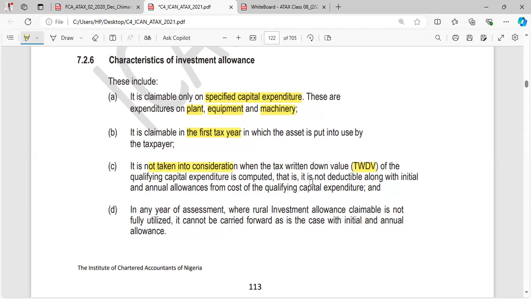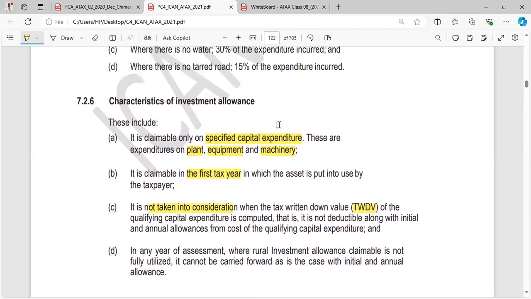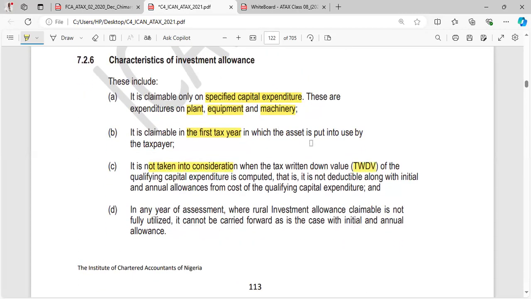This is just normally investment allowance, whether rural or normal one. It is not deductible along with the initial and annual allowances from the cost of the qualifying capital expenditure.